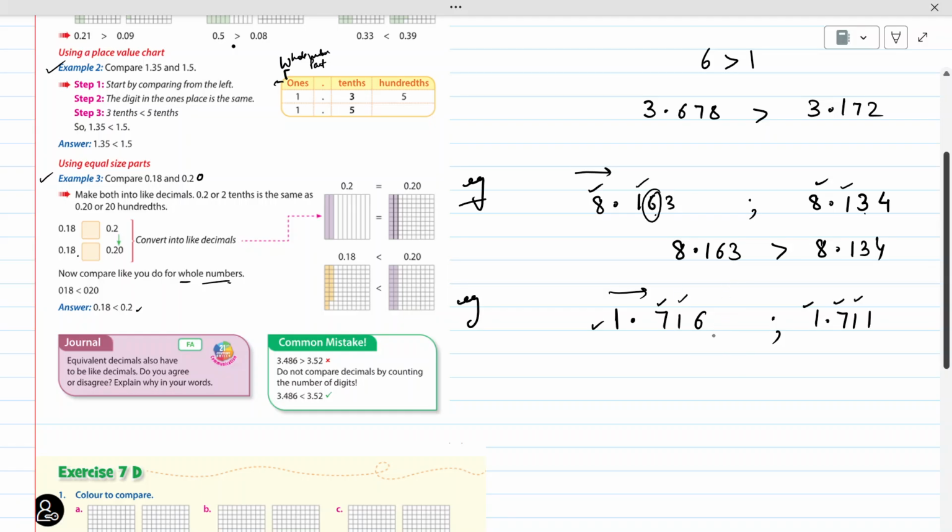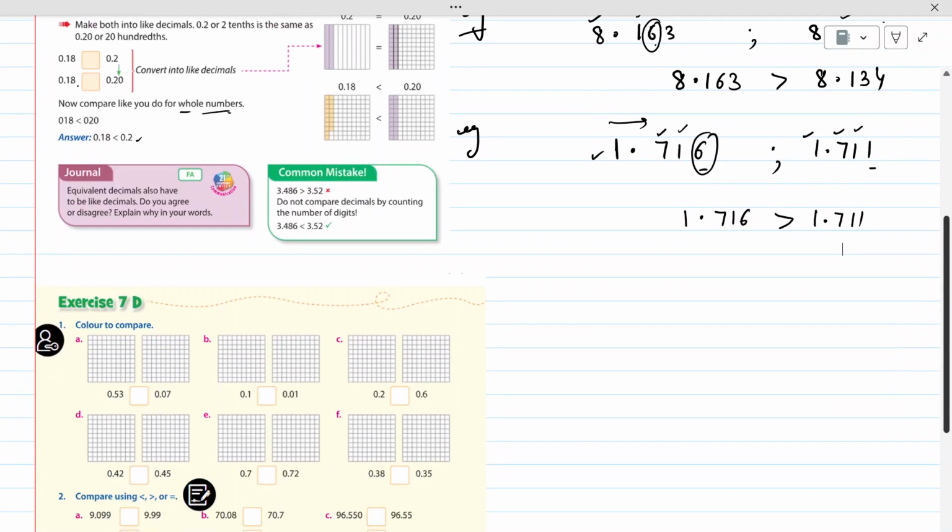We compare 6 with 1 and see 6 is greater. That means this number 1.716 is greater than 1.711. So this way, kids, you can easily do the comparison.